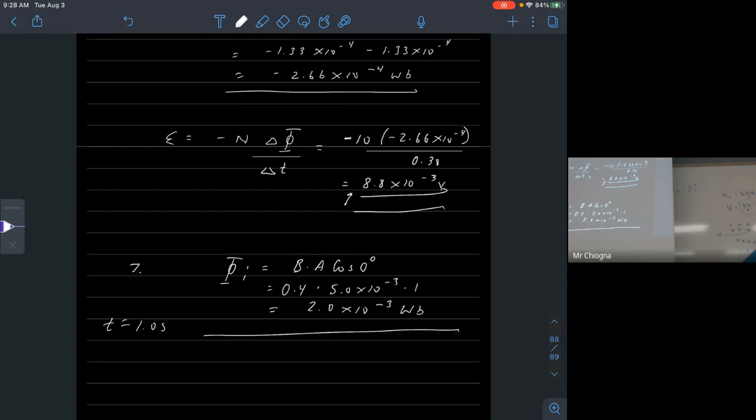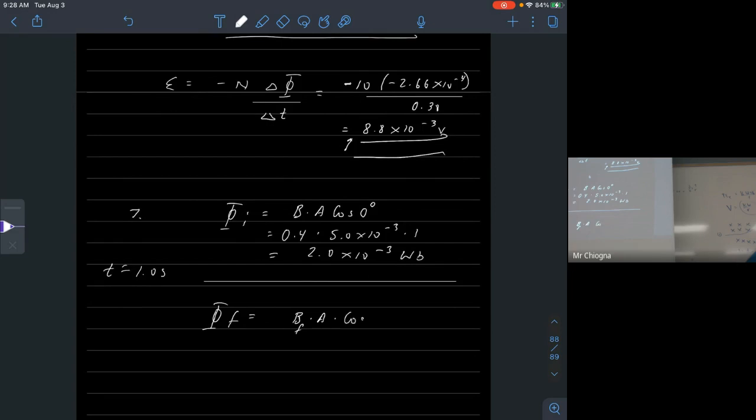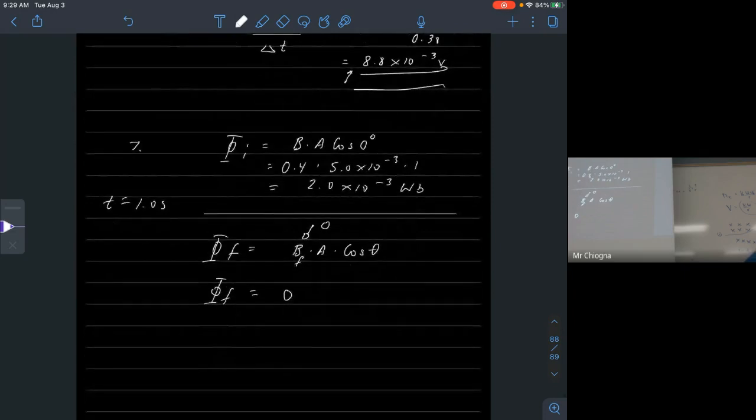That's what you start with. And then your final, the magnet's removed. So this is 0. If the magnet's removed, there's no magnetic field. So 0 times anything is just 0. Okay?